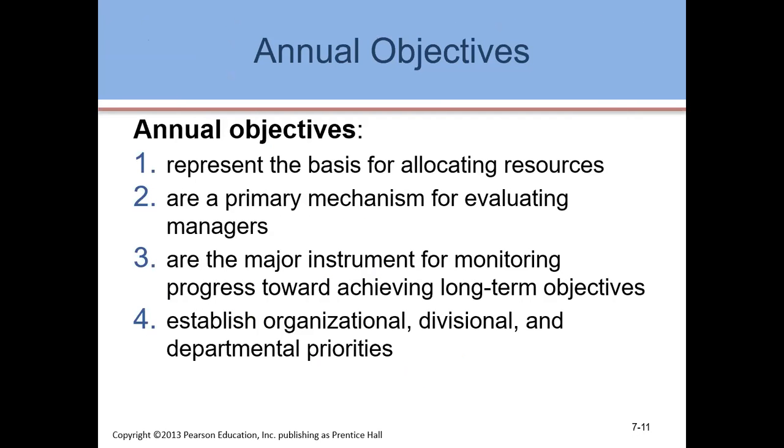First of all, we're going to start with annual objectives. The annual objectives represent the basis for allocating resources. Number two, they are a primary mechanism for evaluating managers, because that would be giving them the targets, giving them the key result areas, and then according to the key result areas, they would be able to develop their key performance areas and then key performance indicators, which are going to be SMART and which are going to determine what the targets are for every individual in the next coming financial year.